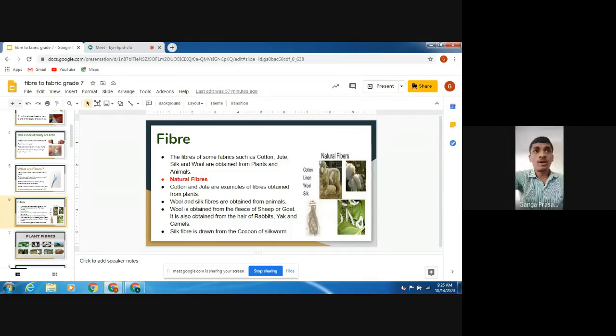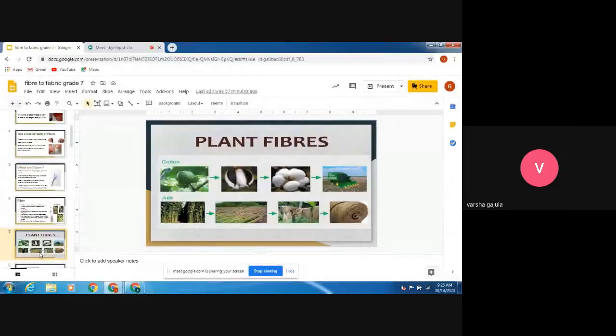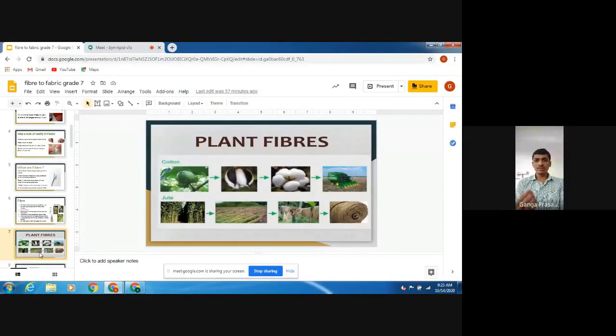So all of you follow my slides. What are these? Plant fibers. If you are not able to see clearly, try to zoom the pictures and observe them carefully.